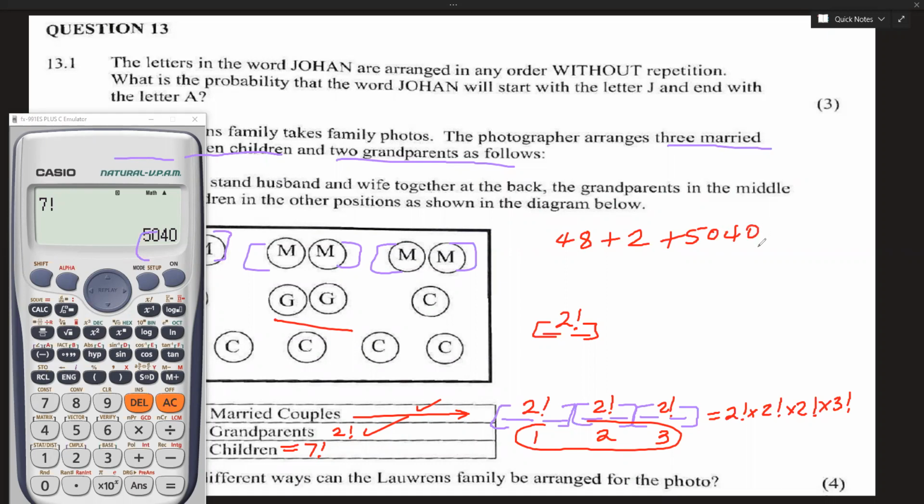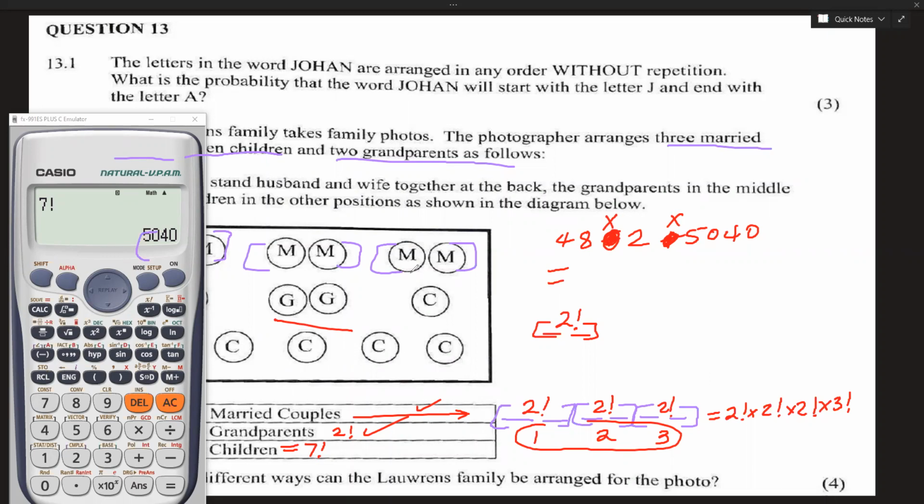Right. And then we need to add all this together. Okay, ladies and gents, we don't have to add them. They must be multiplied together. Remember, this is one arrangement. So you just have to multiply everything together, not add. I'm sorry about that.